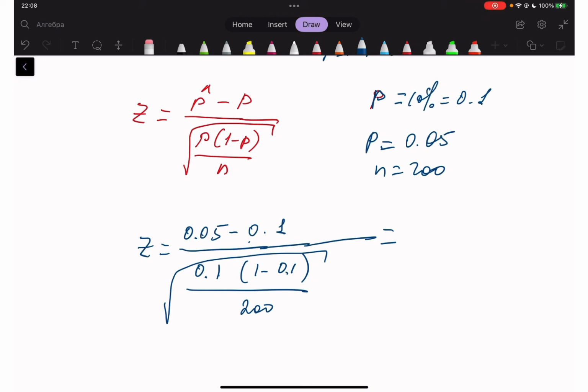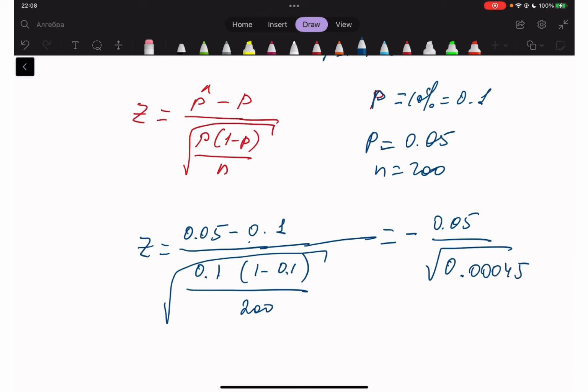0.05 minus 0.1, we are getting negative 0.05. Next, 1 minus 0.1 is 0.9. 0.9 times 0.1, we are getting 0.09. Let me divide and then put the number. It's 0.09, we divide by 200 and we are getting 0.00045.